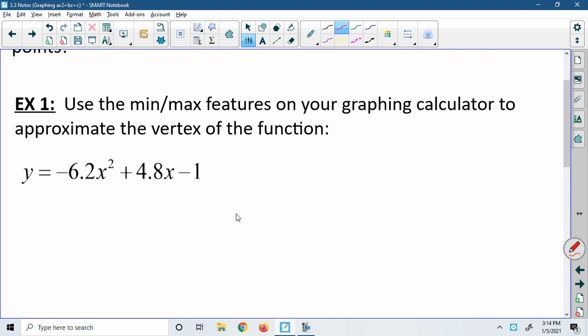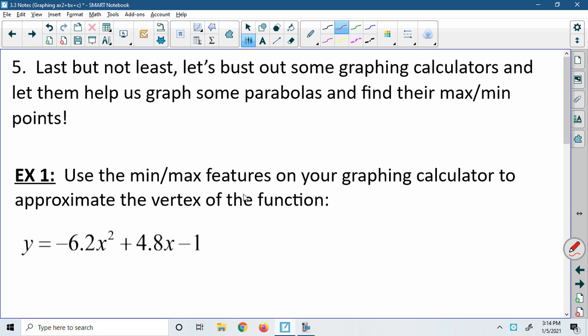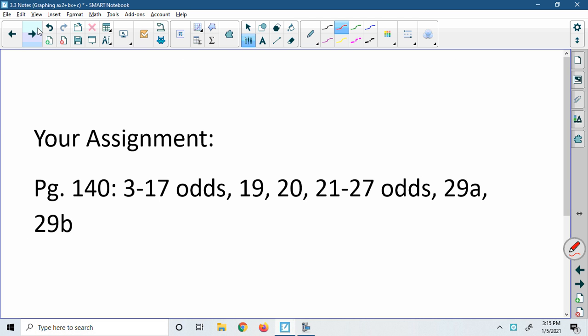So I will either let you use Desmos and do that on your own, or when you get back to class, I will show you on your specific brand of graphing calculator how to find the minimum or the maximum point of a parabola. Desmos is also a mobile app. So on the App Store, just search Desmos, and it's an app on your phone, which is sweet.